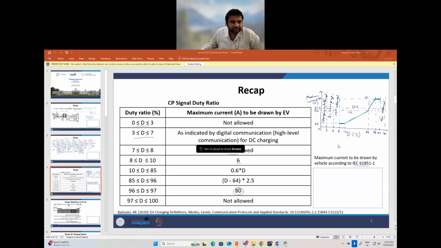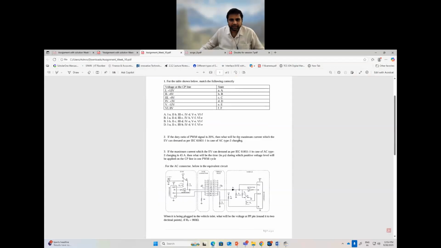So you can see in my slide number 50, in lecture number 50, I have discussed this part, how with maximum current my duty ratio varies. Using this you can obtain, given the current level, what will be my duty ratio, and from the duty ratio you can back calculate the time period for which the positive voltage level has been applied. So that you can easily get.